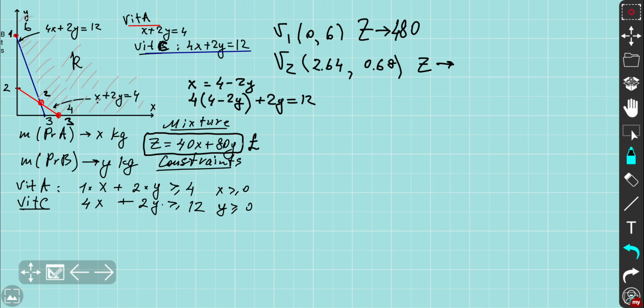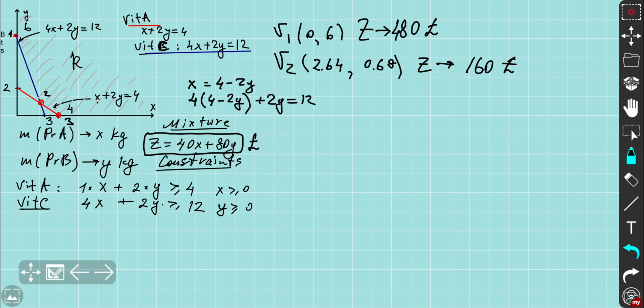We got 2.64 times 40, and on top of that we add 80 multiplied by 0.68. We've got 160 in this case. Okay, so in pounds, it's going to be a lower value.